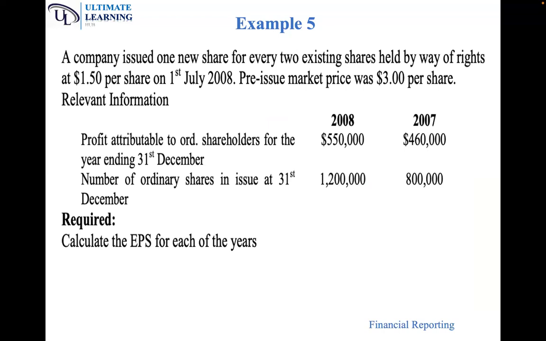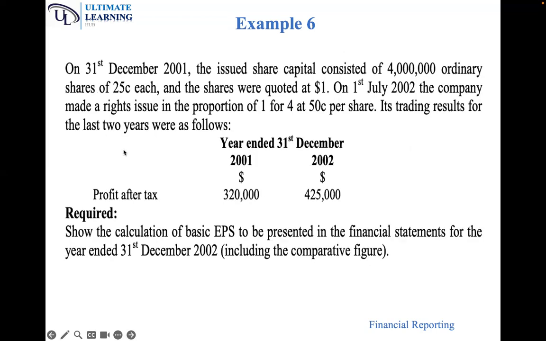You have been given the relevant information for 2008 and also for 2007. So there was 1 new share for every 2 shares. Let's go to Excel and solve the question.